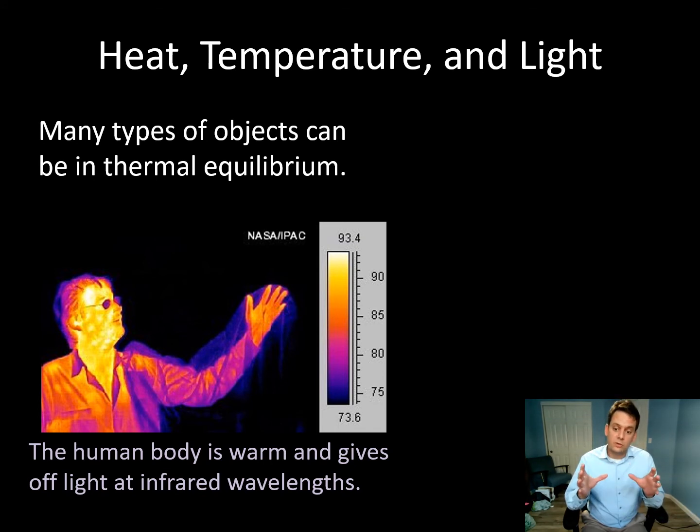Night vision goggles work by basically absorbing that infrared light and then converting it into a visible wavelength. That's why if anyone has seen the results of night vision technology, it doesn't look quite realistic in some sense, but there's no doubt that you can see with it.